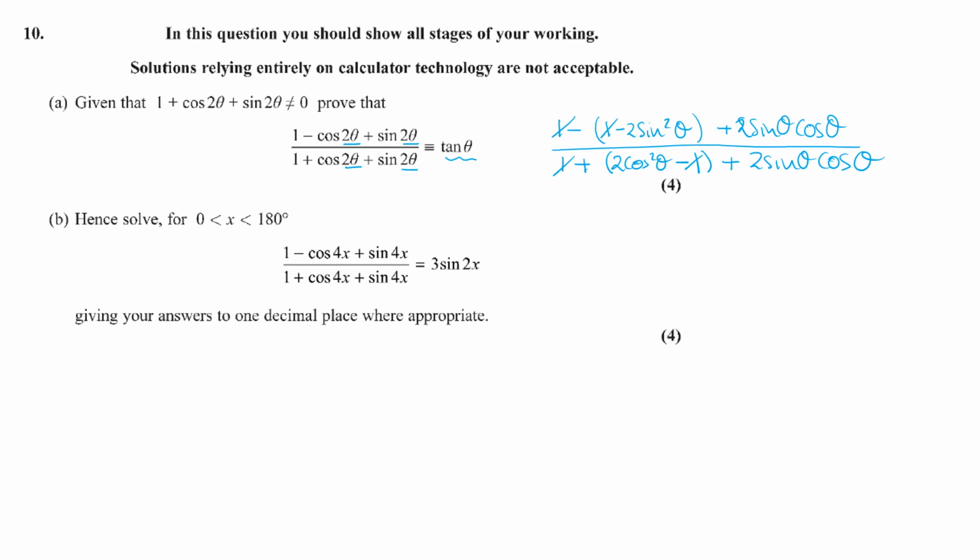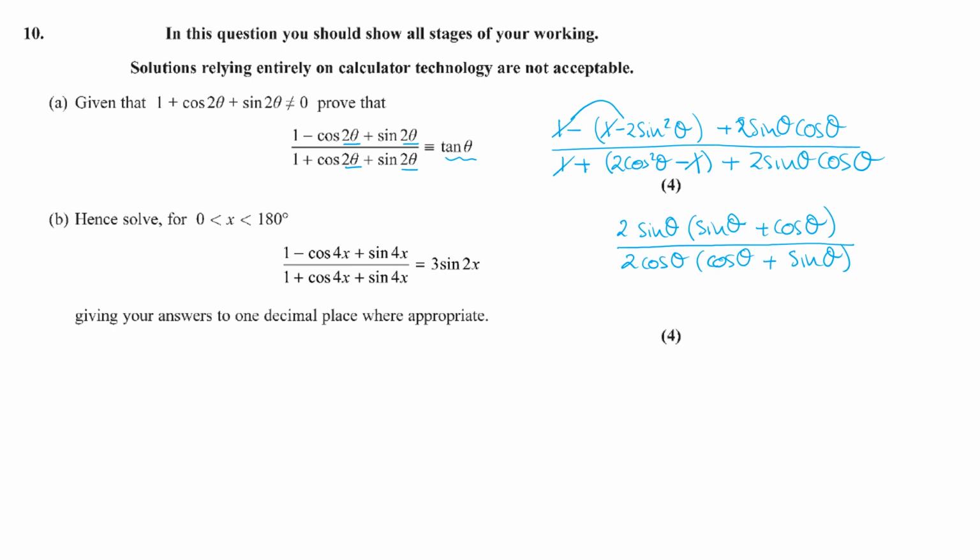If I take out a 2 sine theta as a common factor, this minus and this minus is going to make a plus. If I take that out as a factor in that first term, you're just going to get sine theta and then plus cos theta. I do the same on the bottom, but this time take 2 cos theta out, then you'll have a cos theta plus a sine theta.